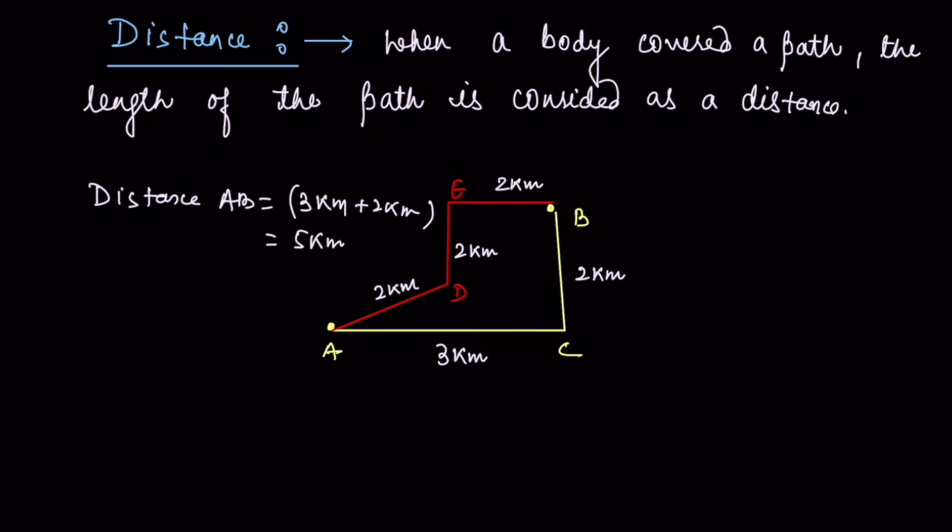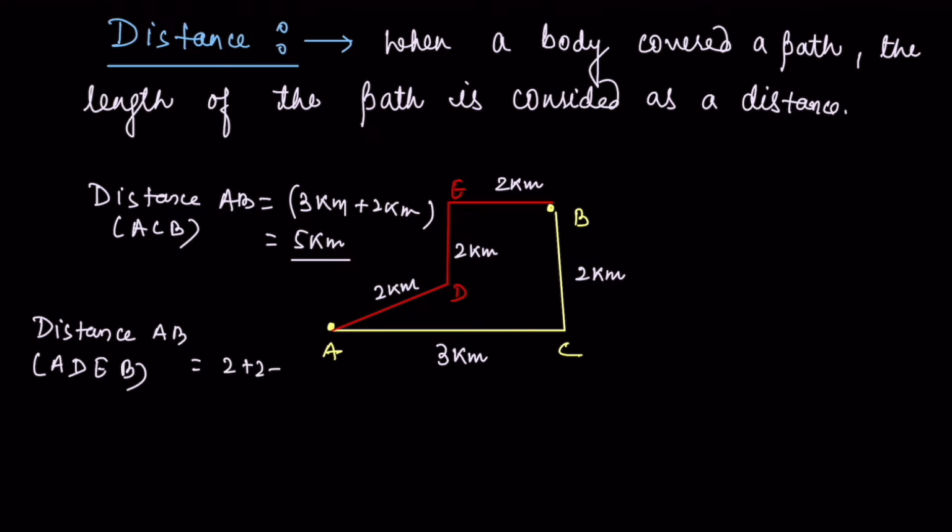Via A to C and then C to B, it is 5 kilometer. And via A to D, then D to E, then E to B, it comes to 2 plus 2 plus 2, which is equal to 6 kilometer. So you see, if we have to go from A to B, there are many different paths, and according to which path you choose, the magnitude of the distance will vary.